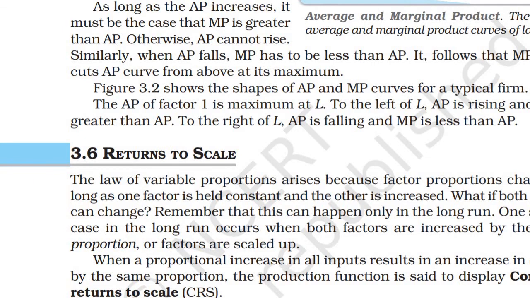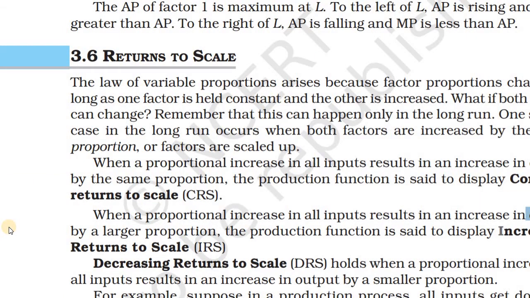In the law of variable proportion, we can change only one factor. That is the main point. At least one factor needs to be kept constant, and the other factors we can increase or decrease.